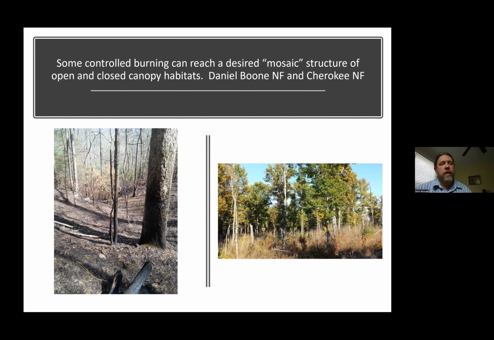Sometimes we can also look at natural processes, and if we have a longer time horizon than 5 or 10 years, we can see that natural processes, or some very modest attempts to mimic them, such as controlled burning, can help guide these forests, along with things like wind throws, tornadoes, and insect infestations.